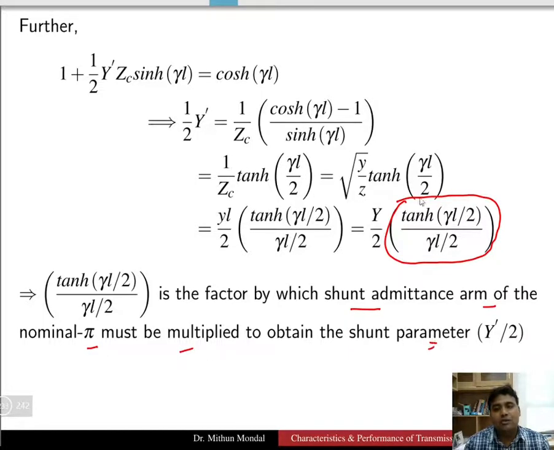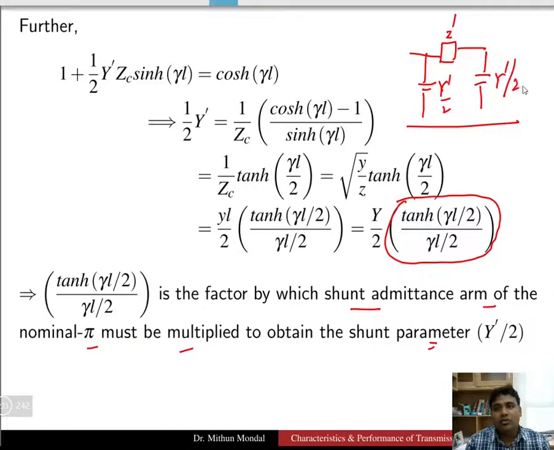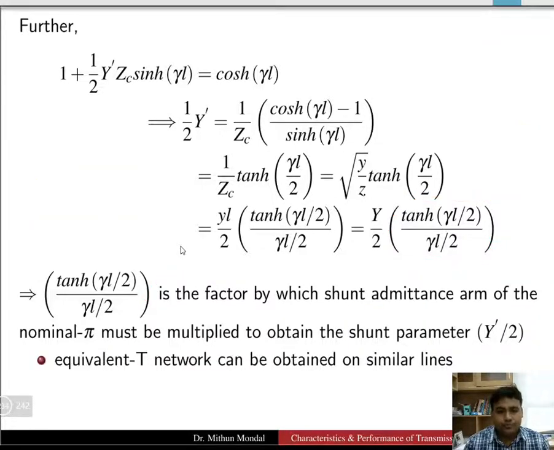In the pi network of a transmission line, we have something like this. Here we have this Z' term, and this is Y'/2, and this is Y'/2. So Y'/2 is equal to Y/2 multiplied with some multiplying factor K. That K factor is tanh(γL/2) by γL/2.